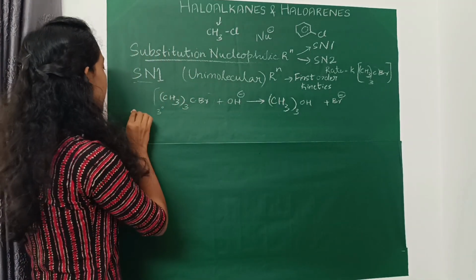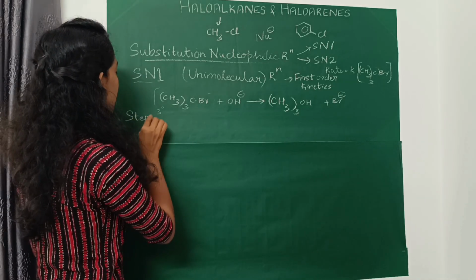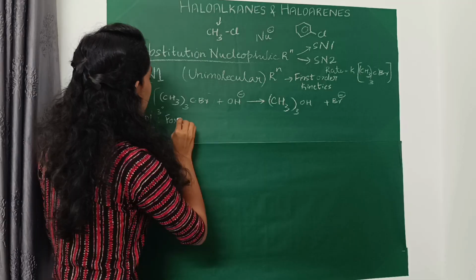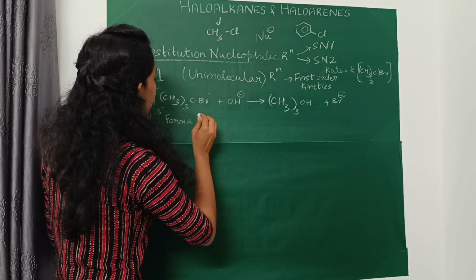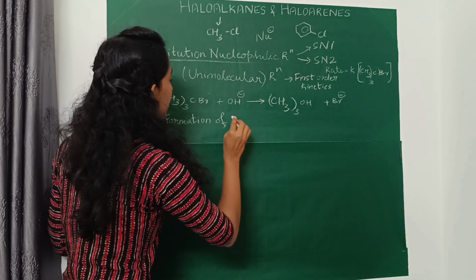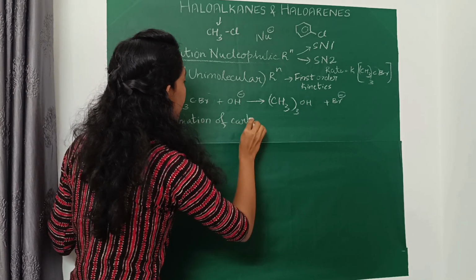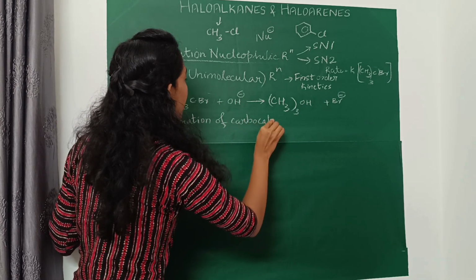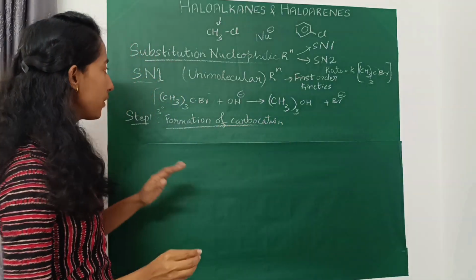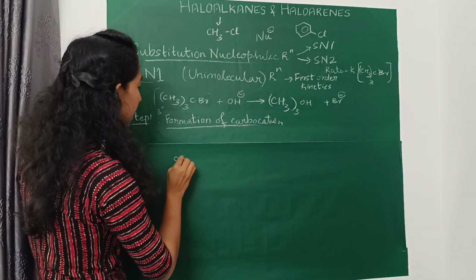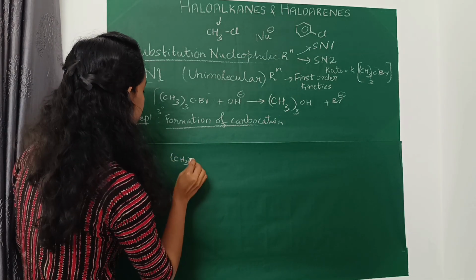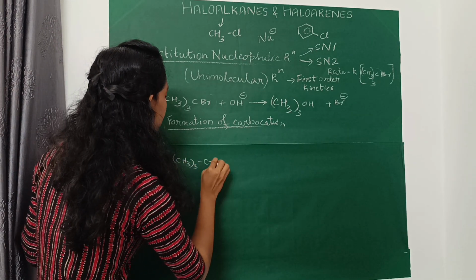Moving on to step 1. The first step is the formation of the carbocation. Here you can see (CH3)3CBr.